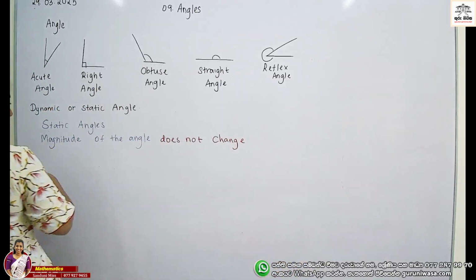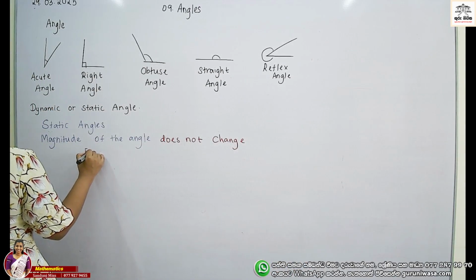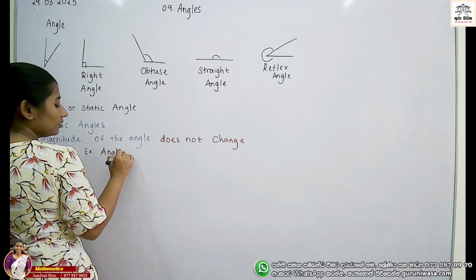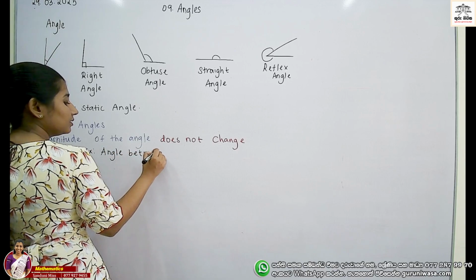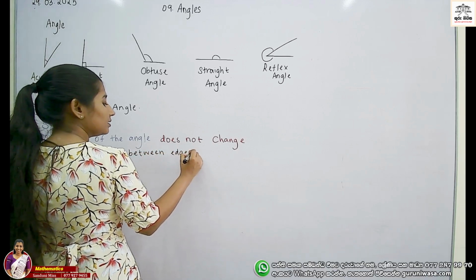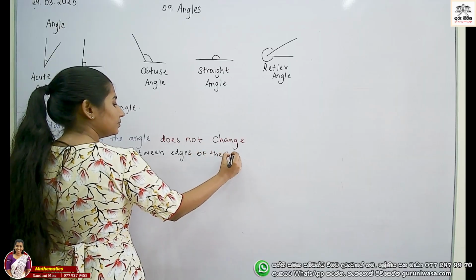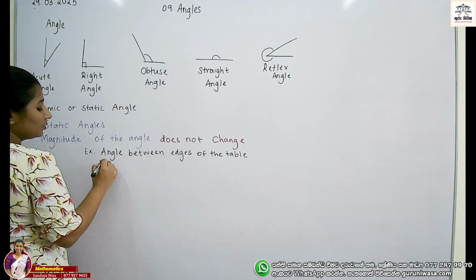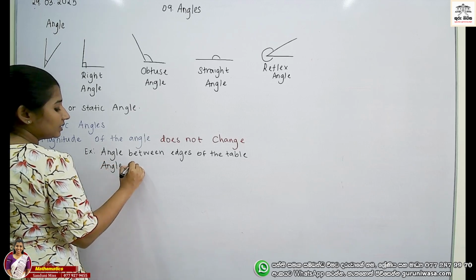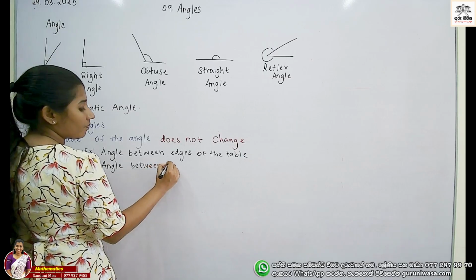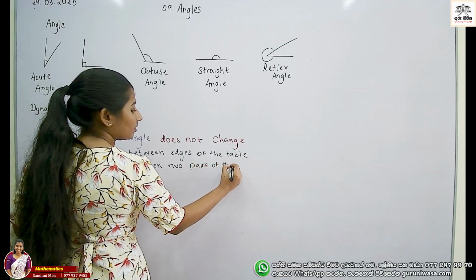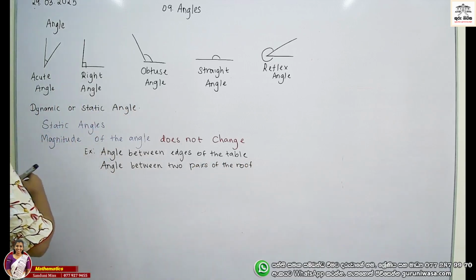So we can have examples: angle between the edges of the table, and angle between two pairs of the roof. Those angles are not changing.